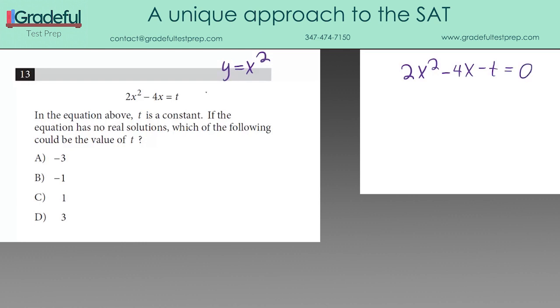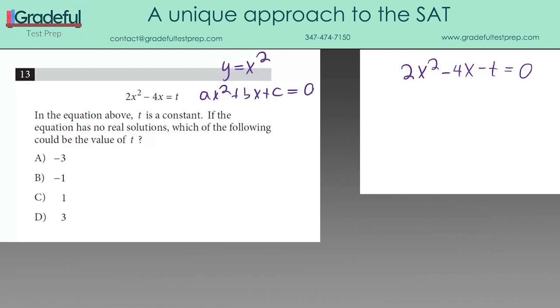And that's our classic quadratic, because in addition to looking like y equals x squared, quadratics typically look like ax squared plus bx plus c equals y, but in a lot of situations we set y equal to 0, so it equals 0. So either of these formats are formats of a quadratic.